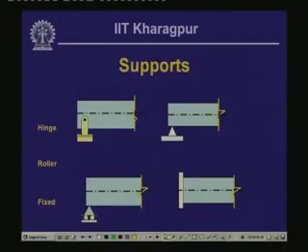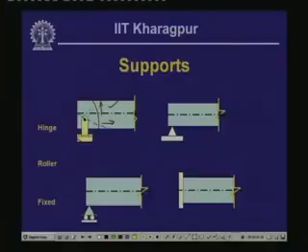Here you see diagrammatically we have shown some figures. This is the part of a beam. It is supported by a joint in which this particular end of the beam cannot undergo displacement in the horizontal direction, cannot undergo displacement in the vertical direction, but this pin allows the bar to rotate.